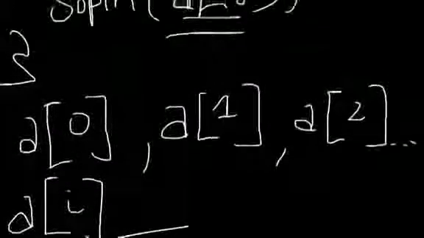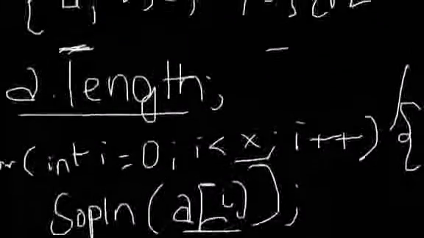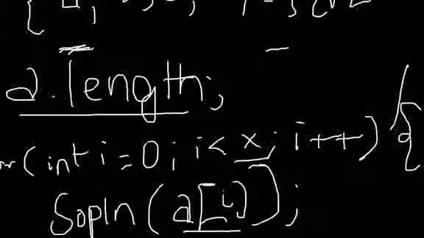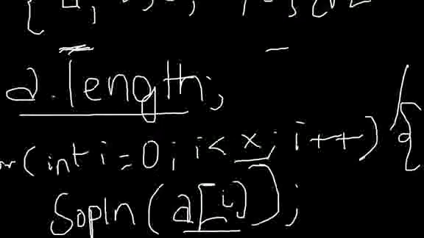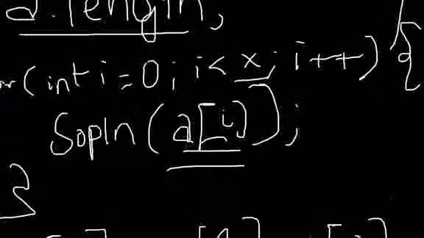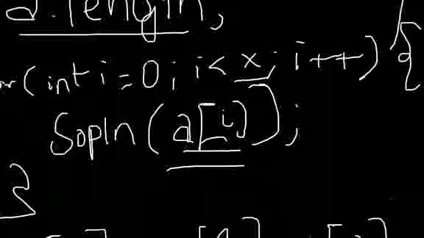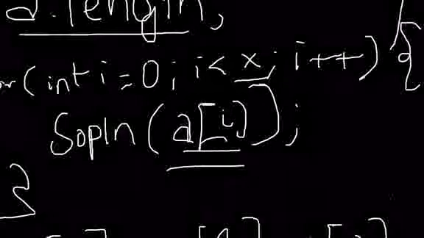That's why when i is 1 and you're going through this set, it prints out 5, and when i equals 2, 6, and so on.